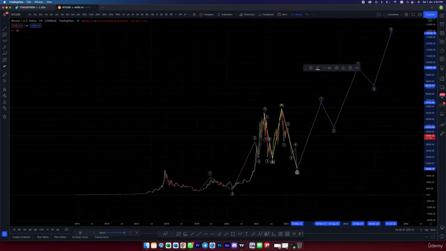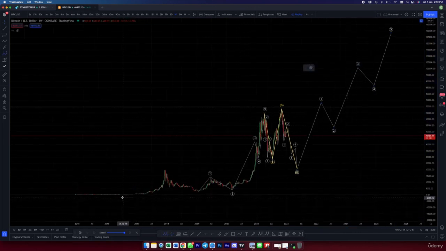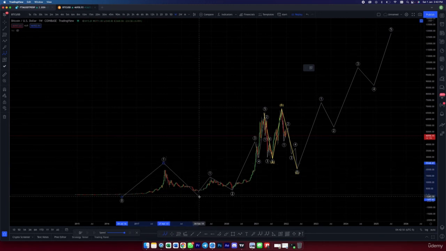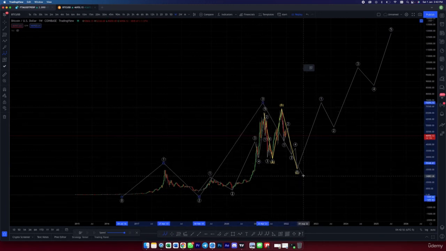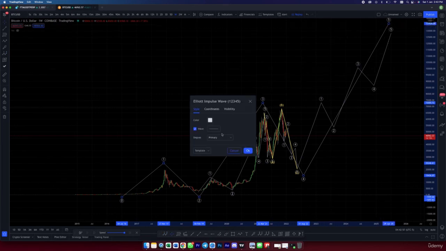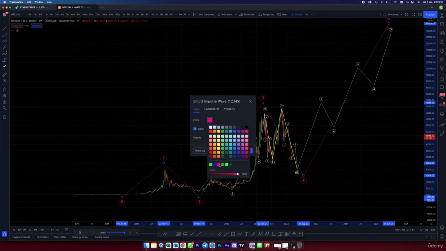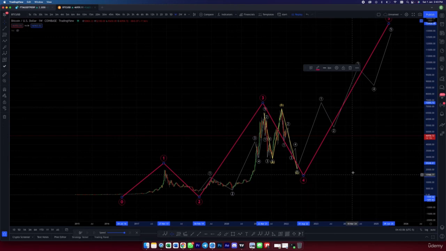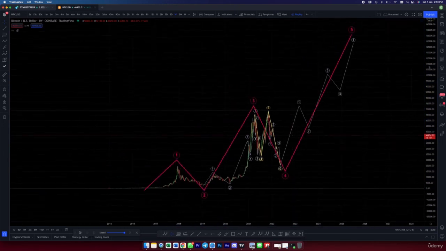So overall, this is what I see for BTC. This is 1, this is 2, this is 3, there will be 4, and this will be 5. Let's change this to some bigger scale, and let's change the color so that you can clearly see this. So this is what I am seeing BTC move like.